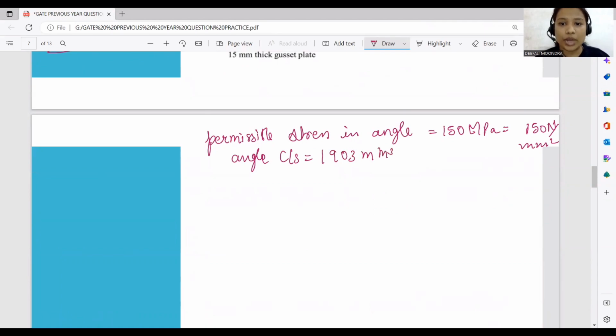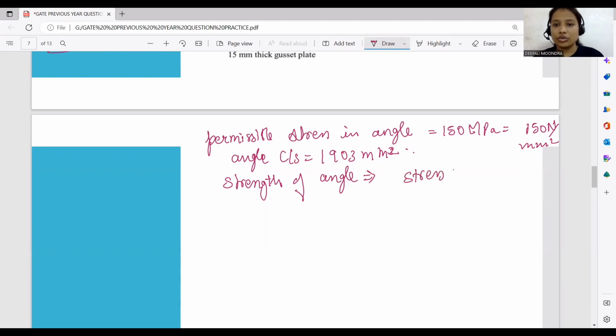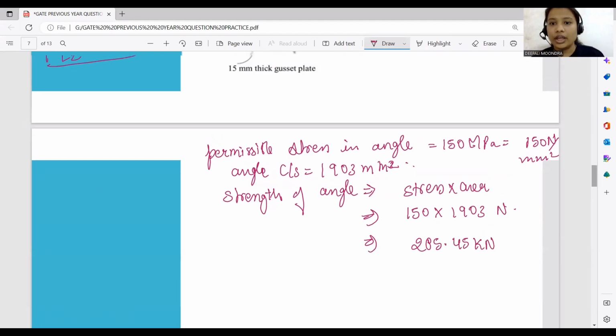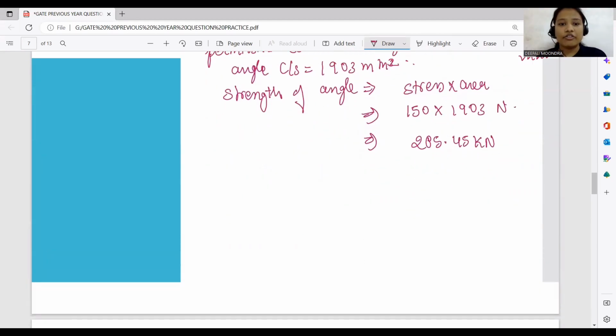So what is the strength of the angle? The strength of the angle is nothing but stress into area. So how much will it give me? 150 into 1903 will give me Newton. So 150 into 1903 will give me 285.45 kilonewton.